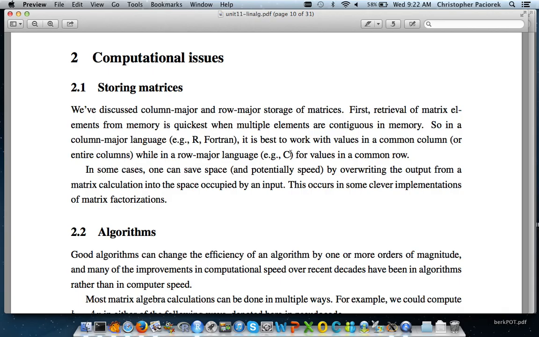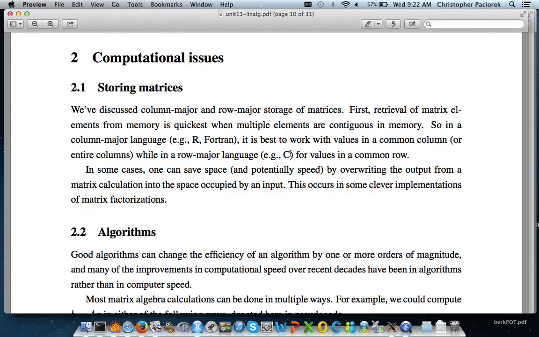So the first thing I wanted to mention is there are a few ways to get good speed if we're doing linear algebra calculations. One of them, but in many cases the least important factor, is to have a fast computer. If we increase the speed of the hardware, we're usually going to get a faster calculation. Oftentimes what's much more important, and where over the past few decades we've gotten orders of magnitude improvement in calculation speed, is to come up with a really good algorithm to do the calculation.